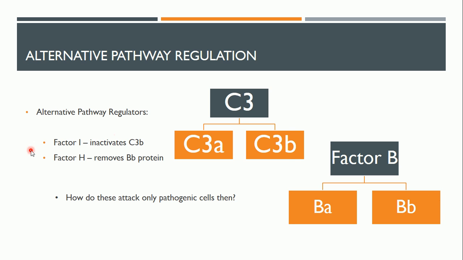An interesting thing here, and you need to know this for why exactly these pathogenic cells are attacked and our host cells aren't, is that factor H is required as a cofactor for factor I. So for factor I to break down the C3b, factor H has to be present because it's a cofactor in the reaction. So factor I actually requires factor H, whereas factor H doesn't require factor I.